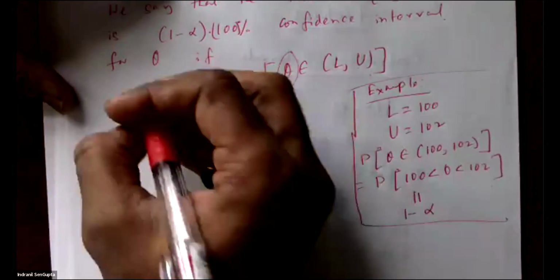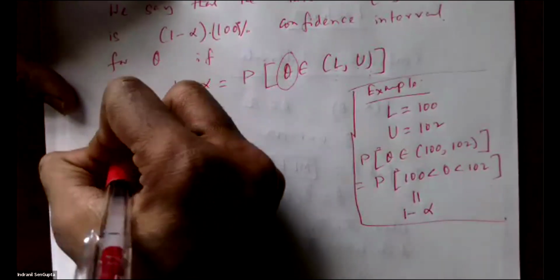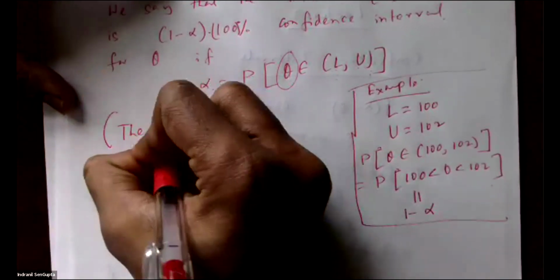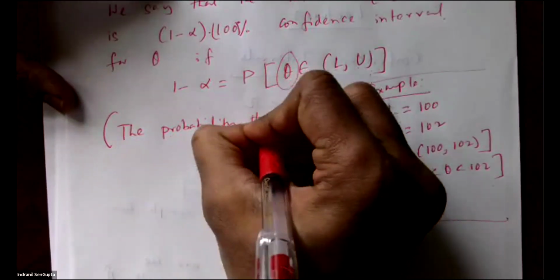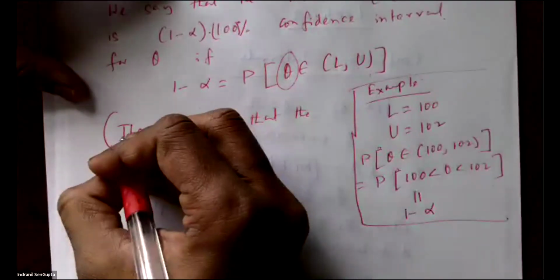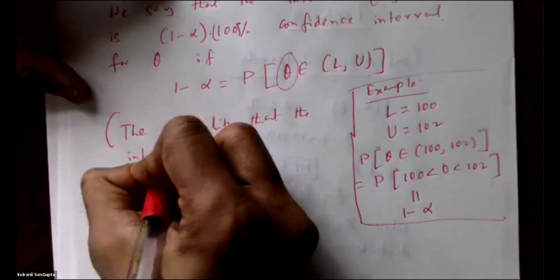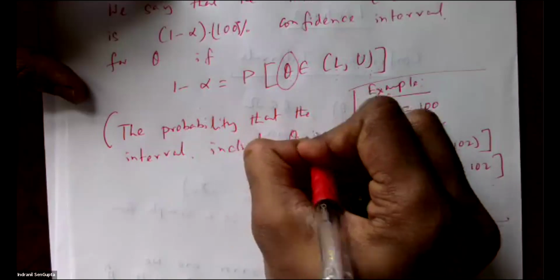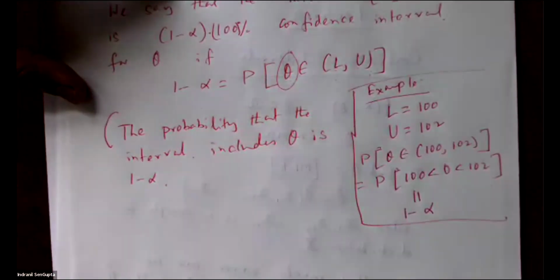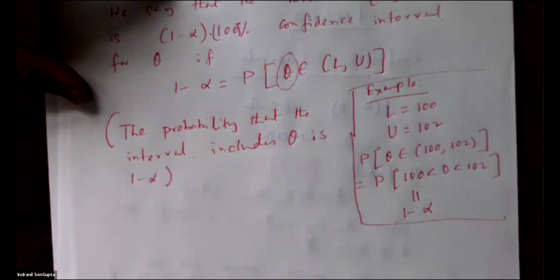So just in words, the probability that the interval includes theta is 1 minus alpha.